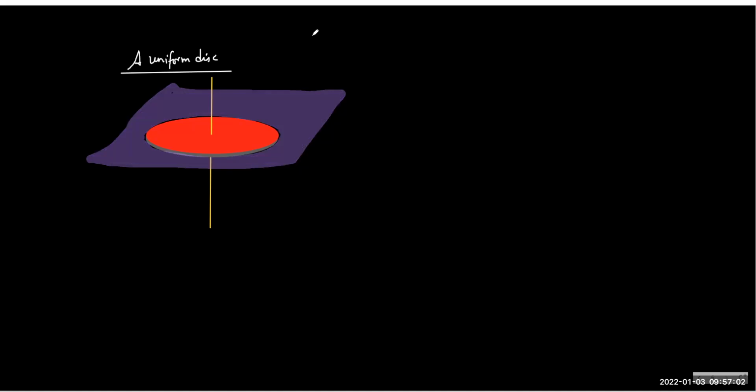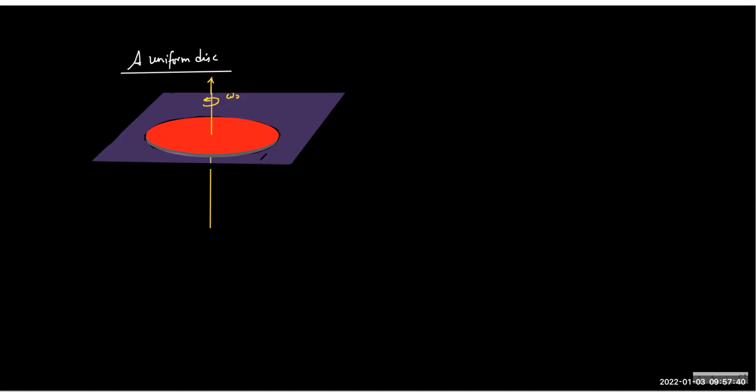Okay, I'm trying to create something. What I'm trying to do is that this disk is given a spin omega naught and released on a rough surface.